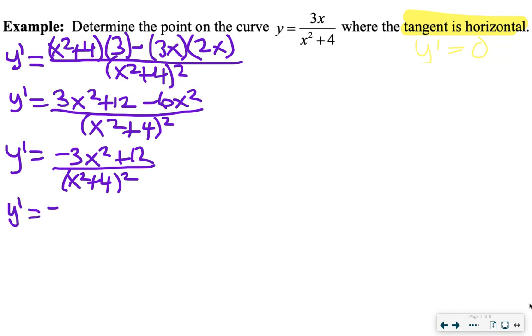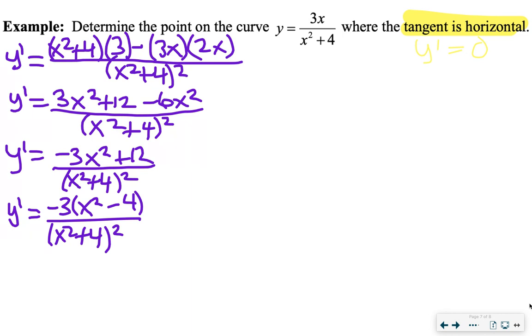Okay, so my derivative then, you get negative 3 times x squared minus 4 over x squared plus 4 all squared.